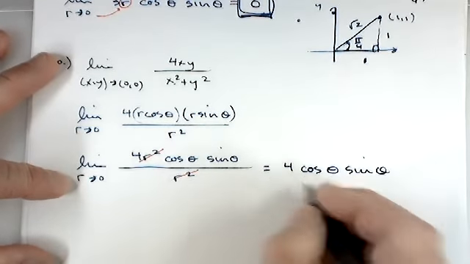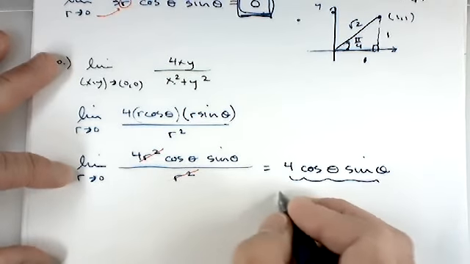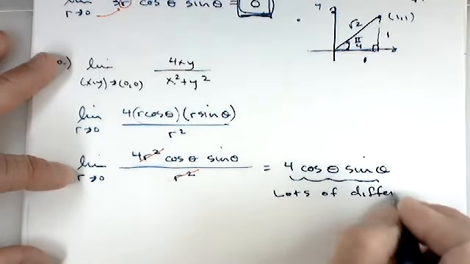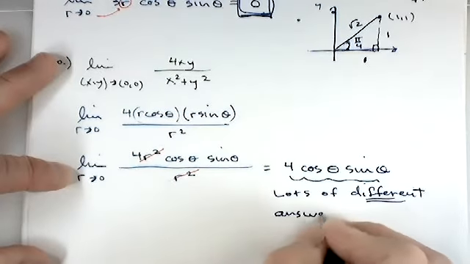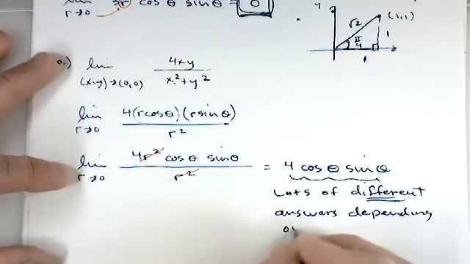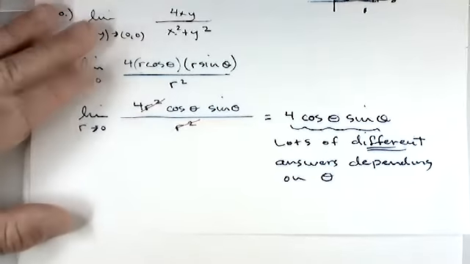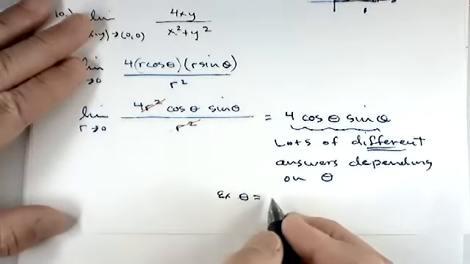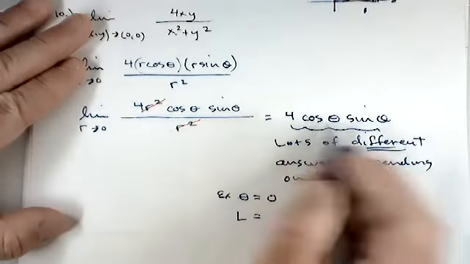And what do I know about this? I can get different answers, right? Lots of different answers, depending on theta. So for example, if theta is equal to, I don't know, 0, cosine of 0 is 1, but the sine of 0 is 0.